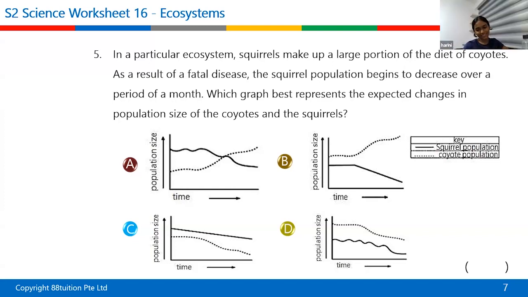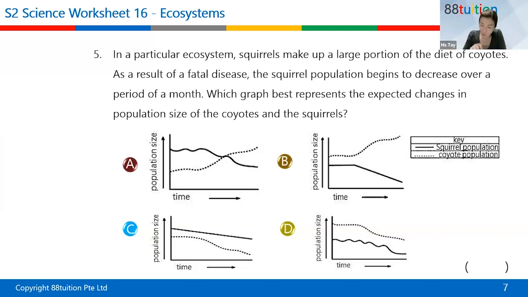No, because at first the squirrel eats the coyote, so the coyote's population size is lower at first before the fatal disease, and the population size for the squirrel is higher.